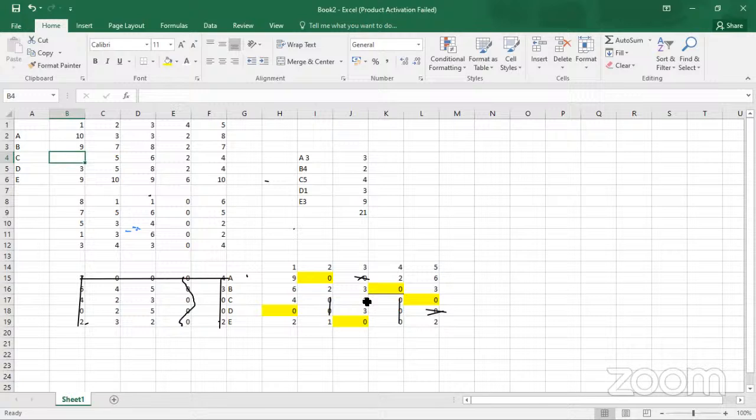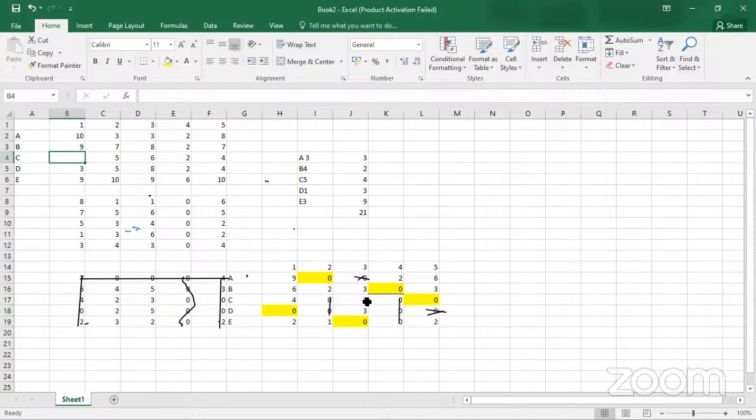Everything else will be the same. Only after you get the final matrix, the assignment will be a little different. That is the traveling salesman problem. The rest of the topics you can see, and if you have a doubt, you can ask in tomorrow's class. So the assignment problem, I don't think it should be a problem.